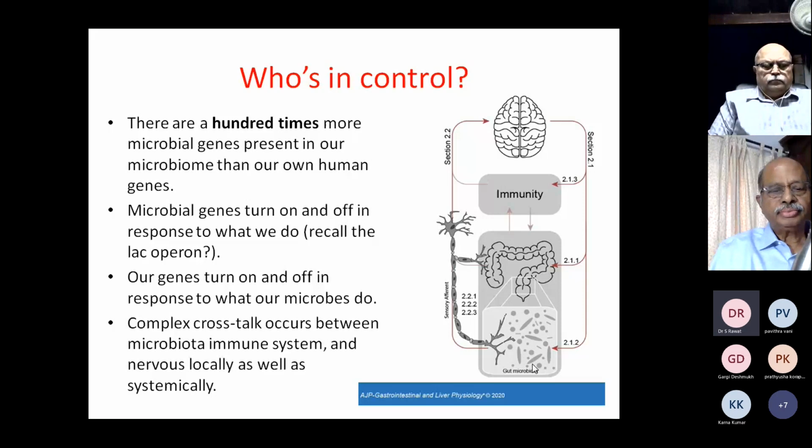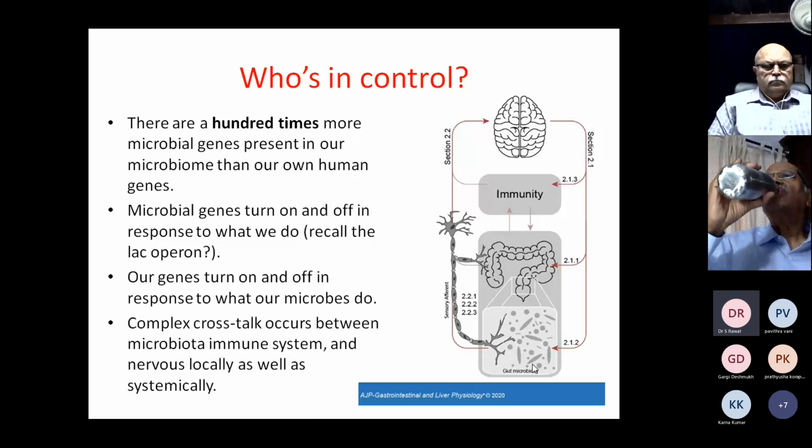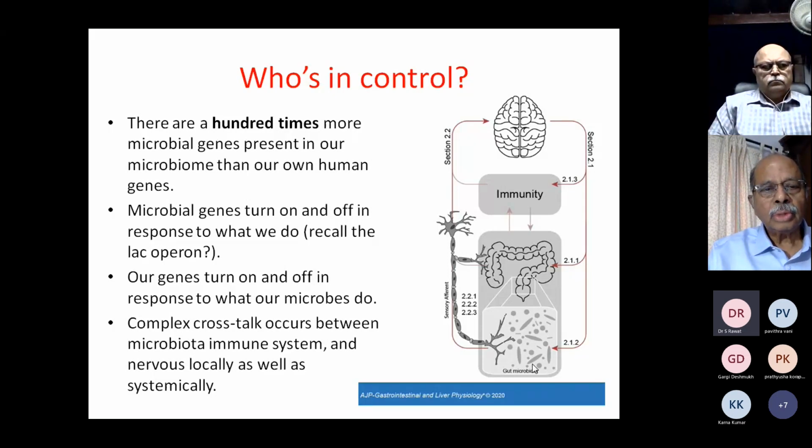There may be changes in our body, and our body may become diseased, or it may even progress to a very deadly disease like cancer, if some particular microbial communities, not only a single microbe but various communities, are pushing us in a direction which leads us to cancer.